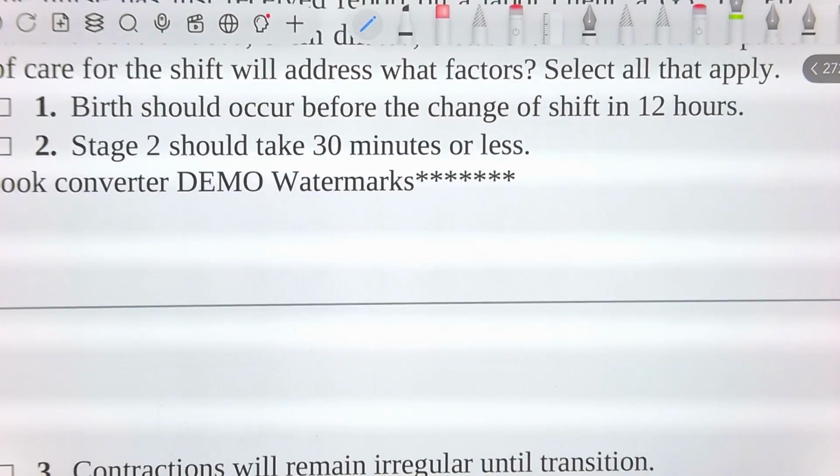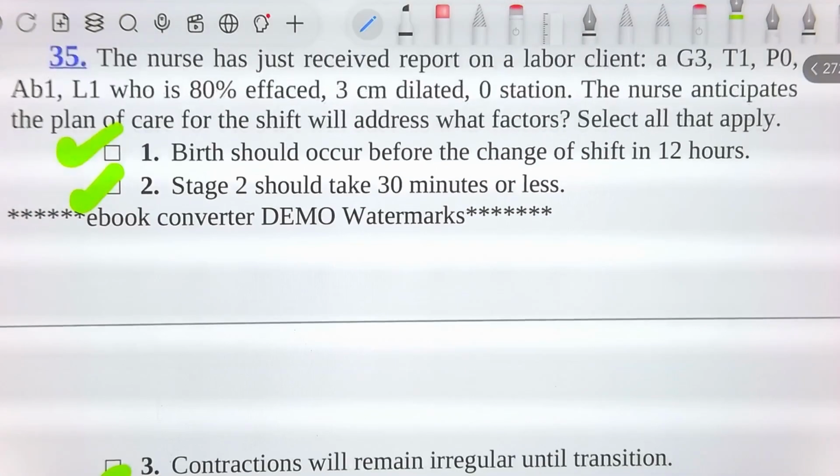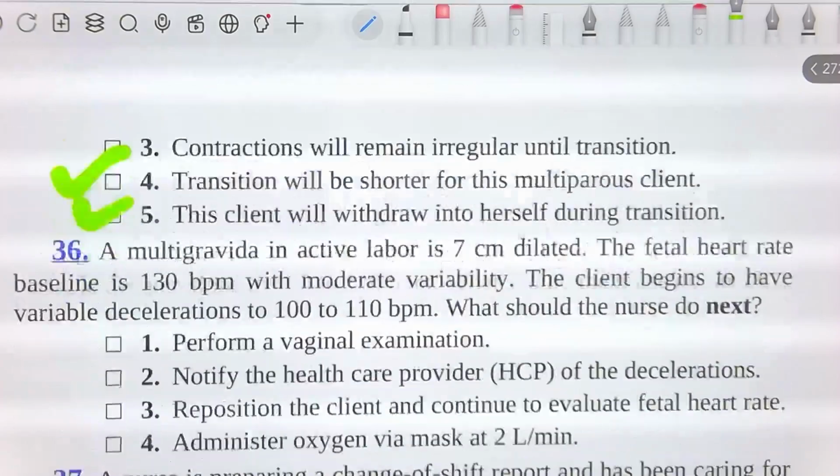So you have 5 options. So 1, 2, 4. Will 5 be the answer or not? This client will withdraw to herself during transition. Yes, 5 will also be the answer. So this will be the answer of this question.